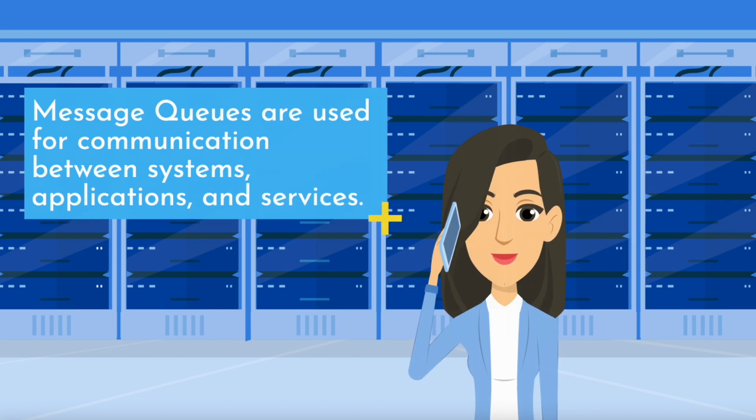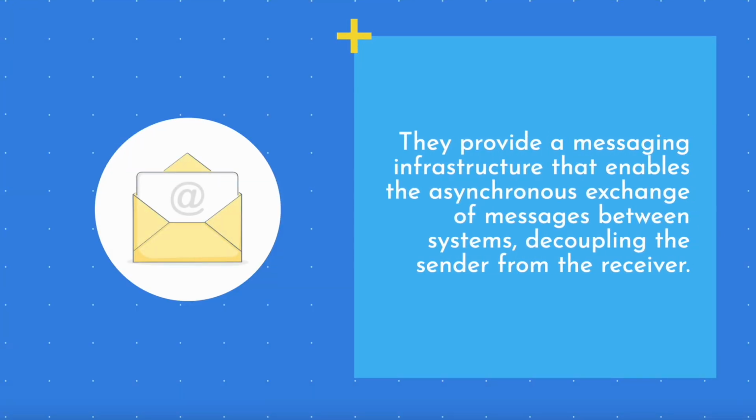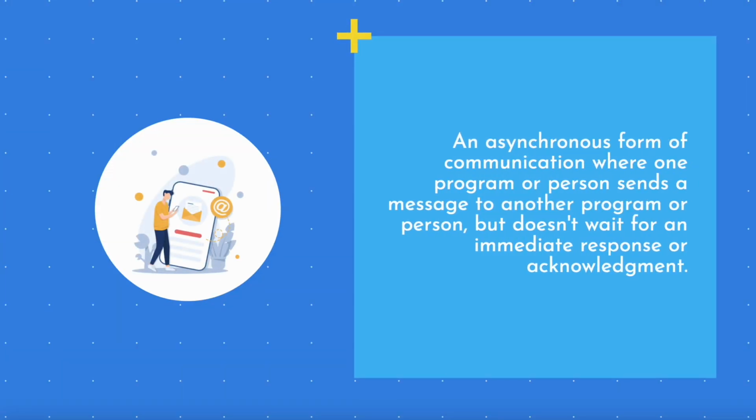Message queues are used for communication between systems, applications, and services. They provide a messaging infrastructure that enables the asynchronous exchange of messages between systems, decoupling the sender from the receiver. An asynchronous form of communication where one program or person sends a message to another program or person, but doesn't wait for an immediate response or acknowledgement.